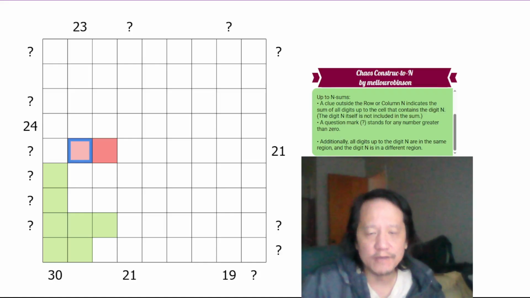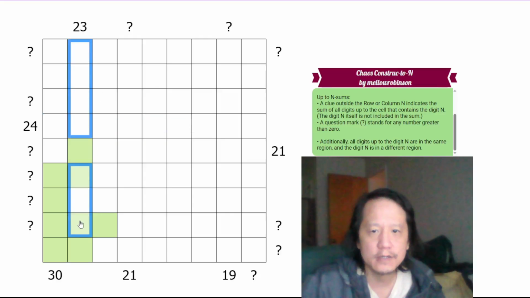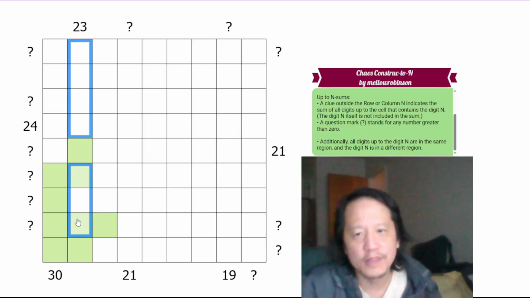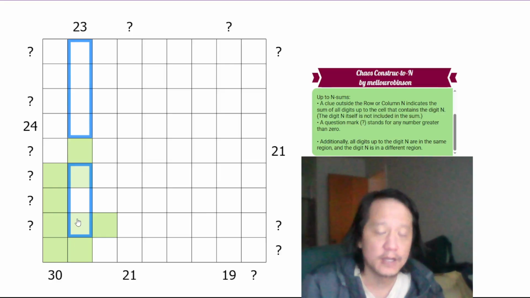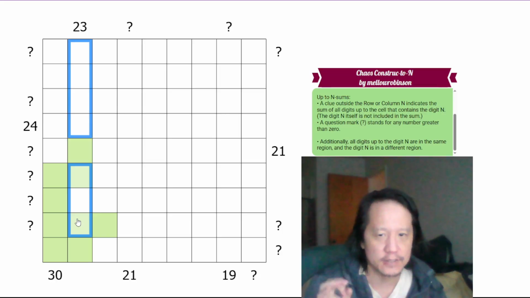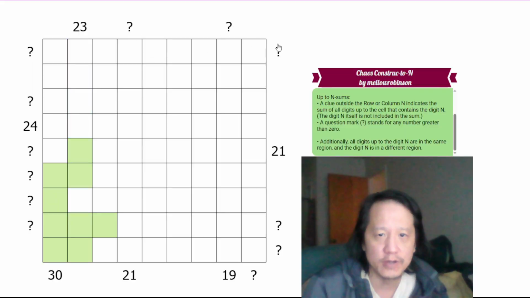We also have up to n sums, where a clue outside the row or column n indicates the sum of all digits up to the cell that contains the digit n. Note, the digit n itself is not included in the sum. A question mark stands for any number greater than 0.